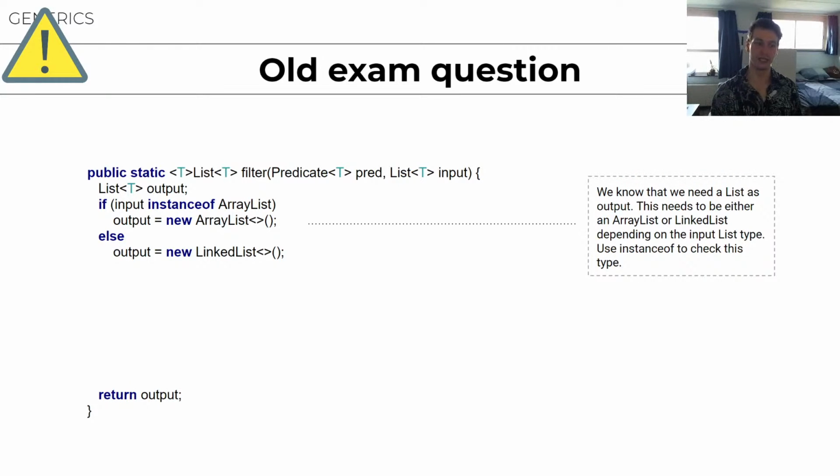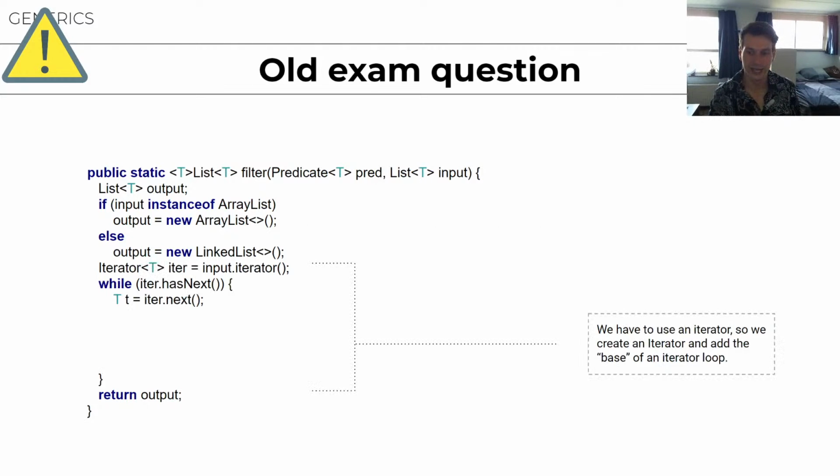Now, we know that we need to return a list, and we know how it needs to be created: if the input list is an array list, then the return type is an array list as well, otherwise it's a linked list. We can do that here using the instanceof operator. Next, we need an iterator to loop through the list, so we create the iterator, again of type T, because everything here is of type T, which is the default thing we do with iterators.